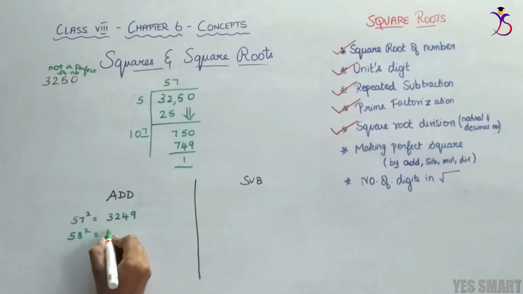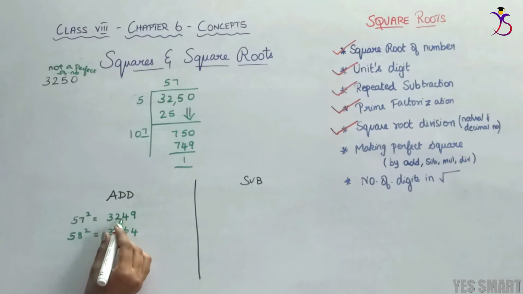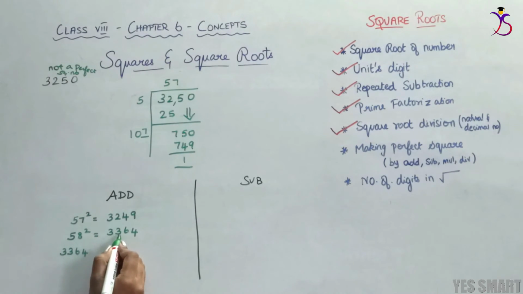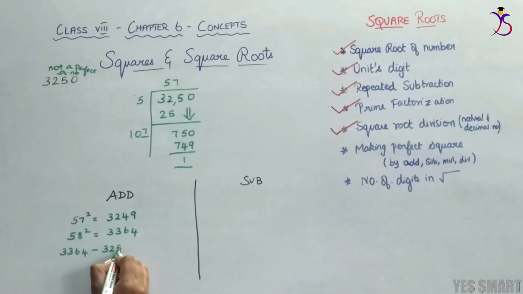So 58 square is 3364. So in the square table, when we compare, 57 square gives 3249 and 58 square gives 3364. Our question is 3250. So the number which is a perfect square after 3250 is 3364.